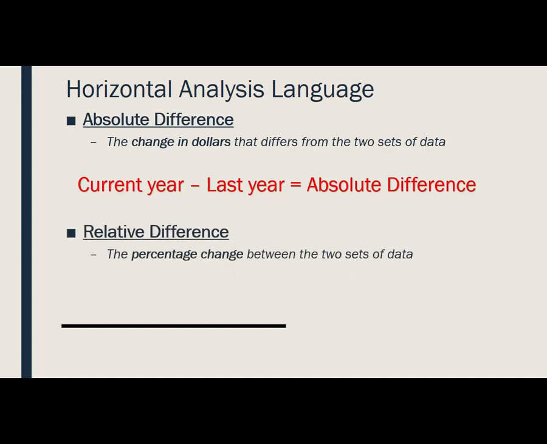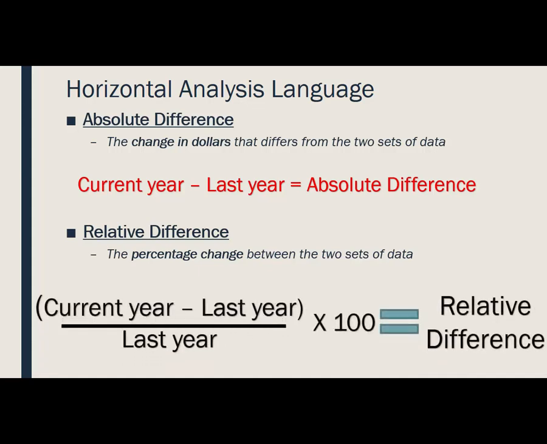The relative difference is the percentage change between two sets of data. So, using the example of current year minus last year, we would then go current year minus last year divided by last year. If we were comparing it to our budget, we'd go current year minus our budgeted performance divided by our budgeted performance times 100.